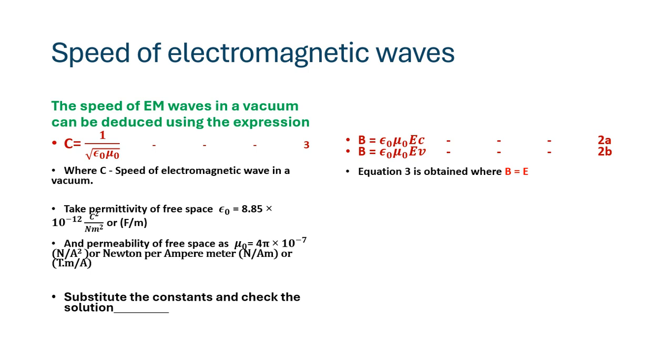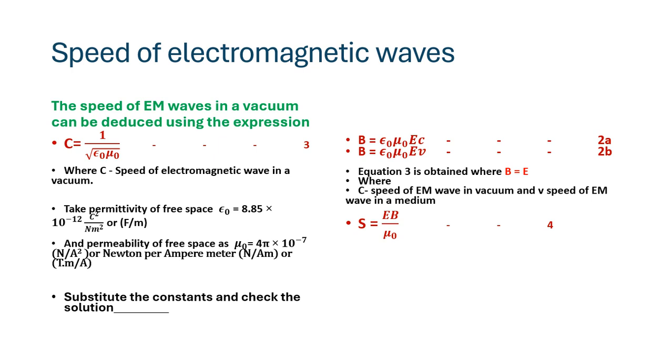Then we have magnetic field B, electric field E. We also have c for the speed of light and v for the speed of light in a medium, where c is the speed of electromagnetic wave in vacuum, and v is the speed of electromagnetic wave in a medium.